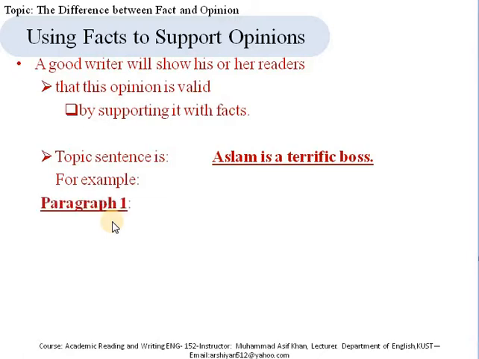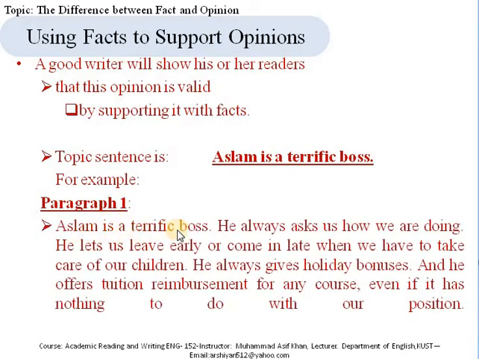Like in this paragraph, you can see that the topic sentence is Aslam is a terrific boss, and he always asks us how we are doing. He lets us leave early or come in late when we have to take care of our children. He always gives holiday bonuses, and he offers tuition reimbursements for any course, even if it has nothing to do with our position.